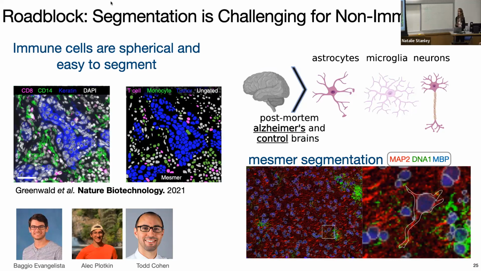It's been trained on lots and lots of data of spherical immune cells, but we're trying to adapt these approaches, or even develop approaches that don't even require you to segment cells, so that we can find all of these structures of interest, such as neurons and microglia, which we don't have markers for here, so that we can really study how those are situated with respect to each other, because that actually has a lot of significance in neurodegeneration, for example.